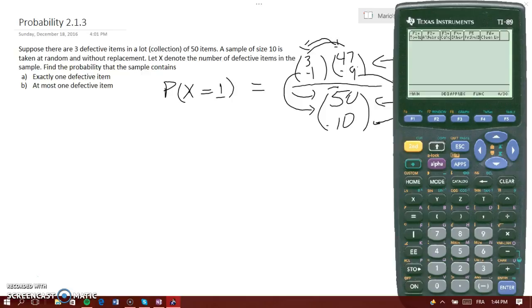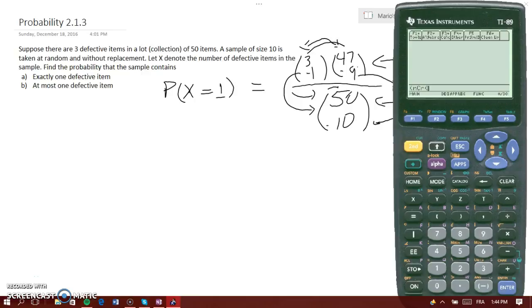If you have a TI-89 Titanium, this is what you do: click open parenthesis, click the second button, click number 5, click number 7, and click number 3.